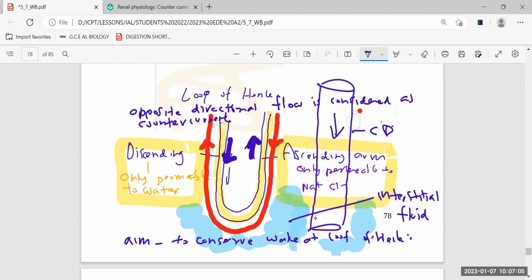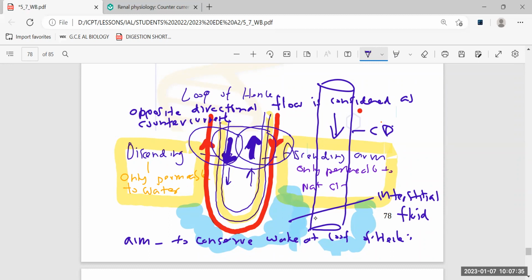So it's going this direction and this direction, and the blood is flowing from the opposite direction, right? So if you take these two, they have opposite direction of flow, and if you take these two, blood and the fluid have opposite direction of flowing, and if you take these two, again it's opposite direction of flowing.